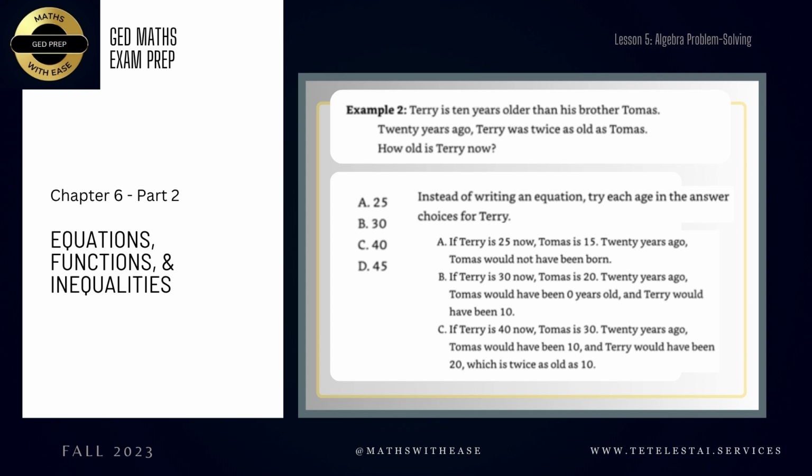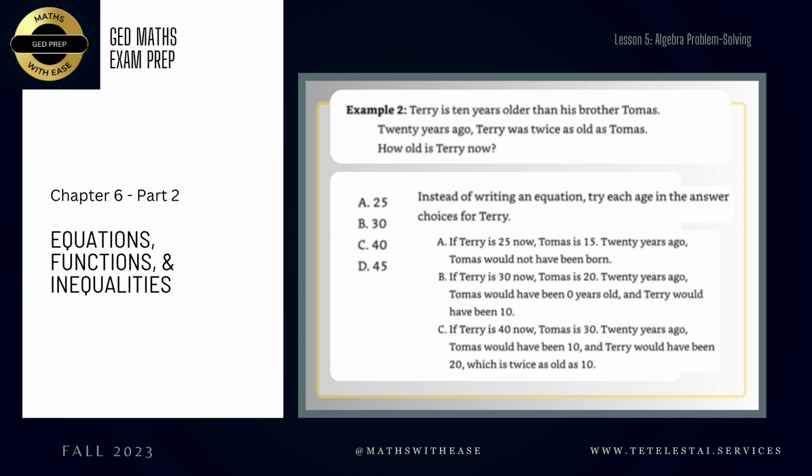And Thomas would have to be 0 years old because if you subtract 20 minus the number of years that we're going backwards, which is also 20, 20 minus 20 is 0. 30 is the current age of Terry. If we subtract 30 from 20, the number of years that we're going backwards, Terry would be 10 in the past. And if we subtract 20 from Thomas's current age, 20 minus 20 would give us 0.